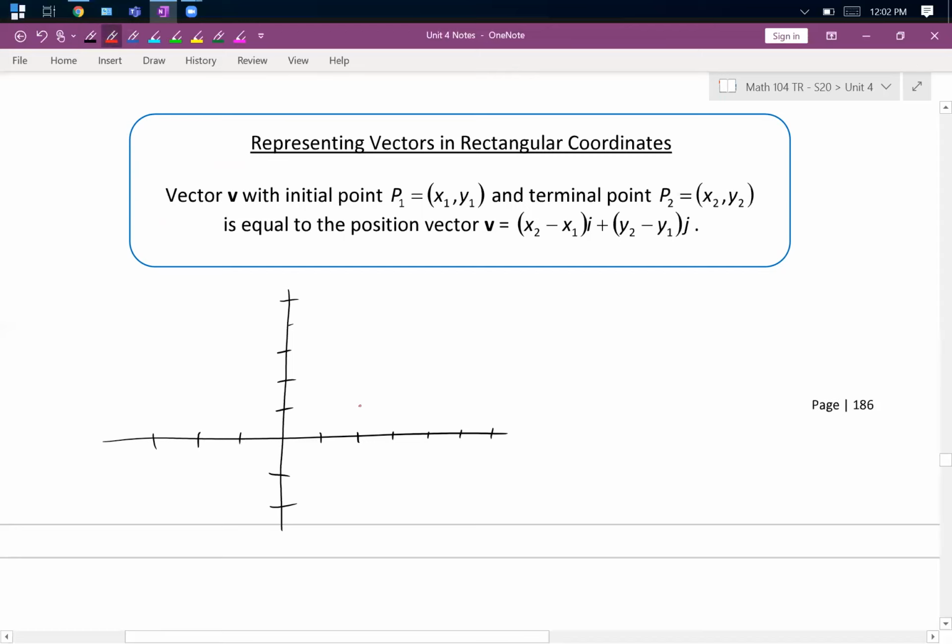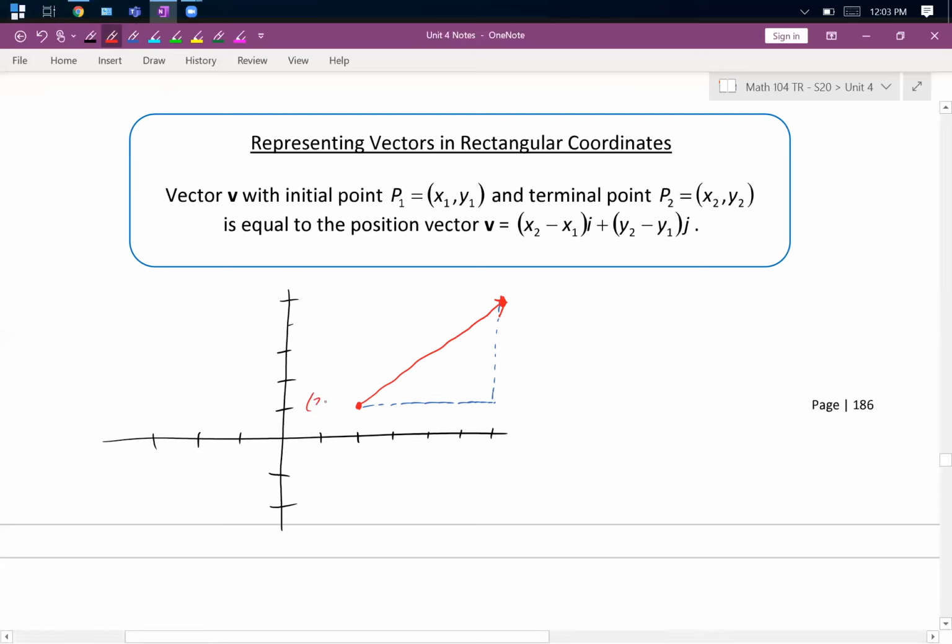So say my vector starts here and ends here. To write this in my ai plus bj form, I need to figure out how far across and how far up we're going from our initial point to our terminal point.